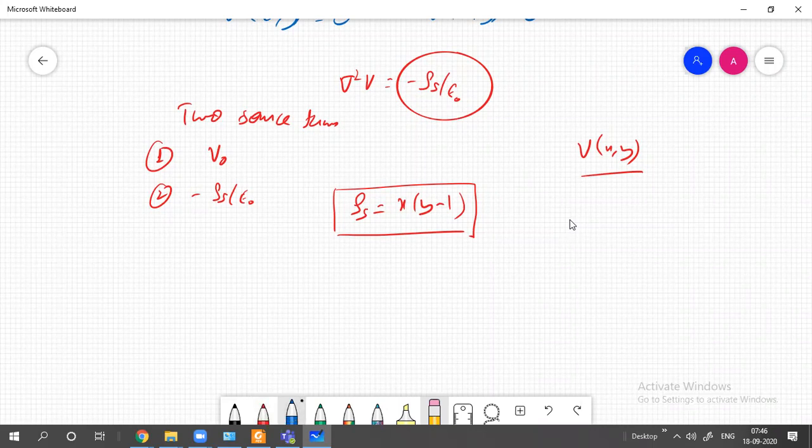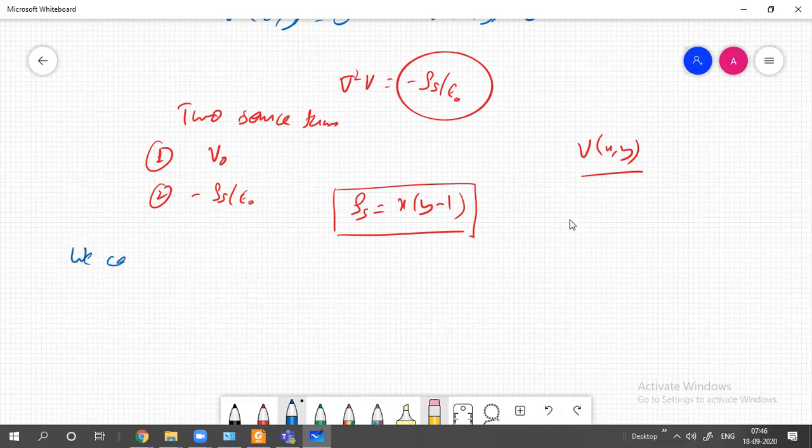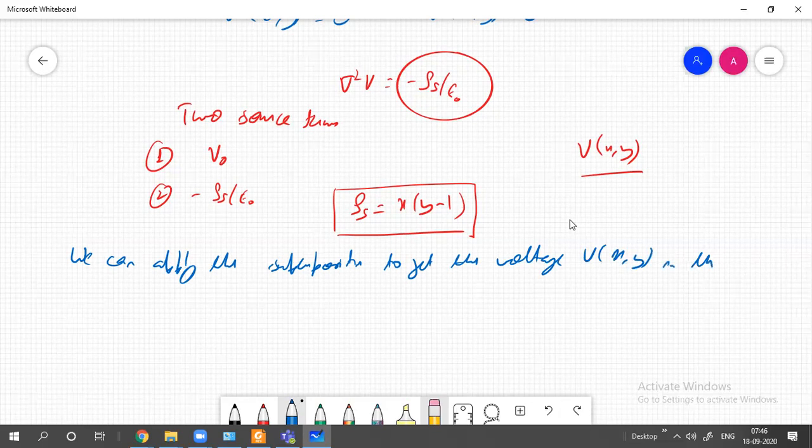So we can apply the superposition theorem to get the voltage V of x, y in the defined region.